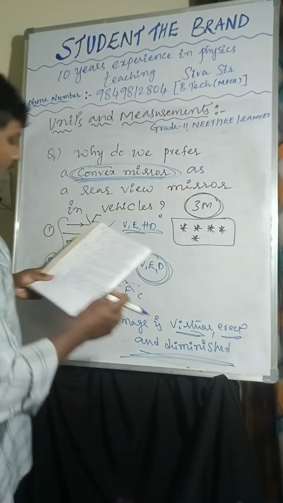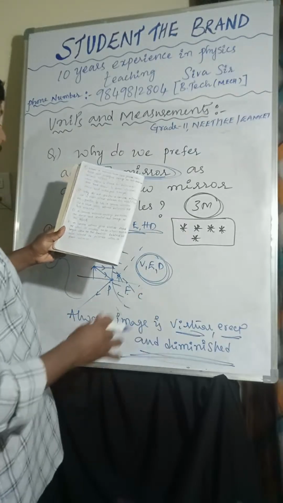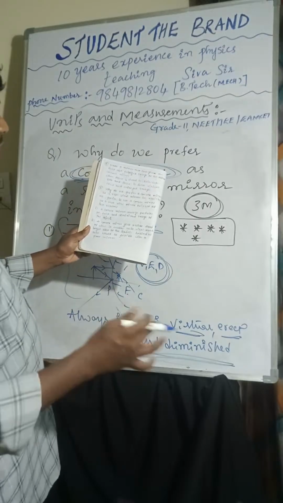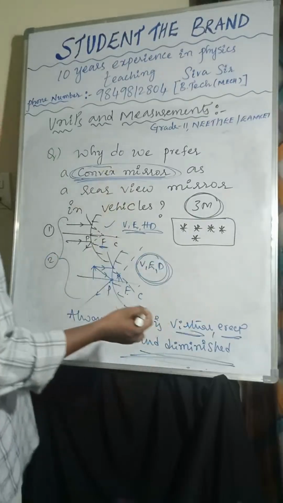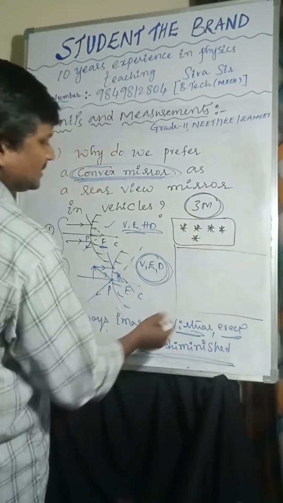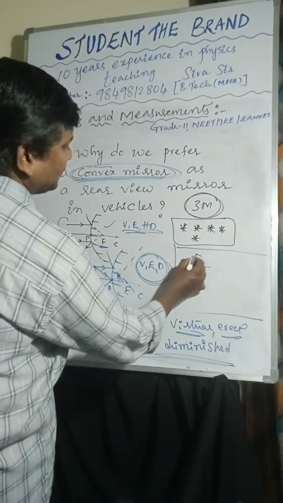And next, a convex mirror gives a wider field of view. It enables us to view a much larger view of the traffic behind us than would be possible with a plane mirror. One more reason: if you take a plane mirror, the field is like this.